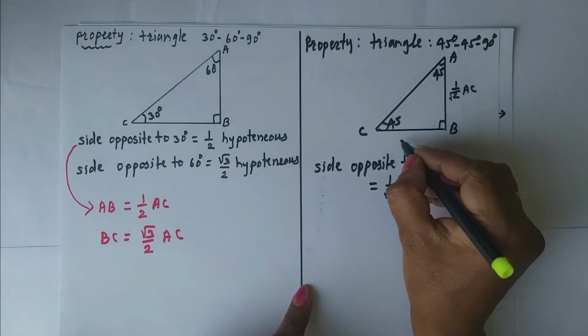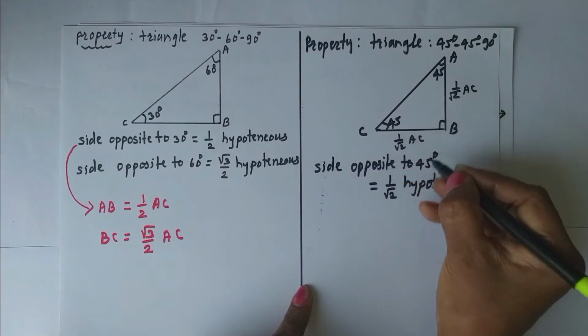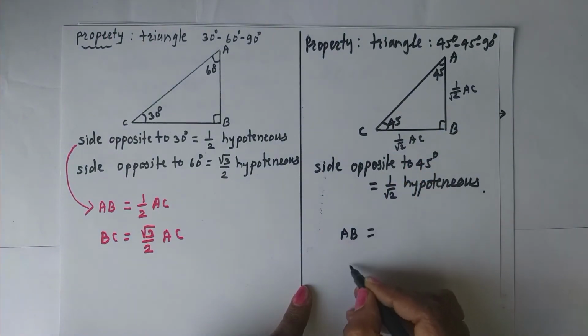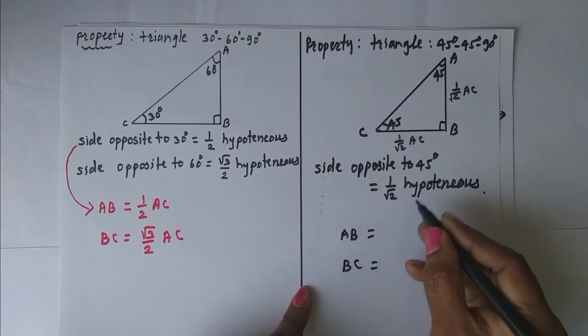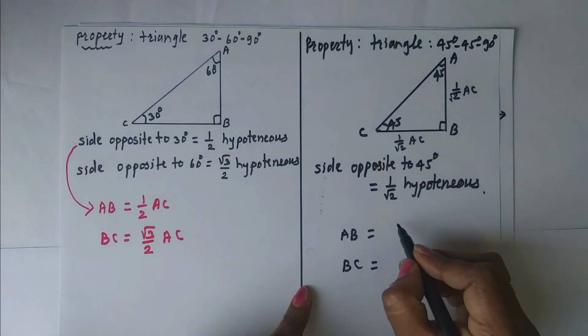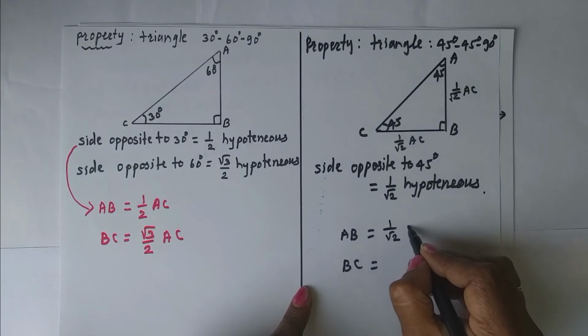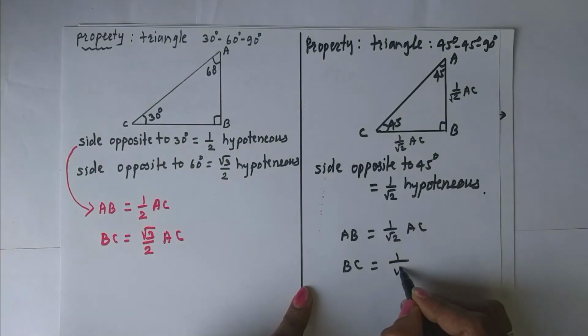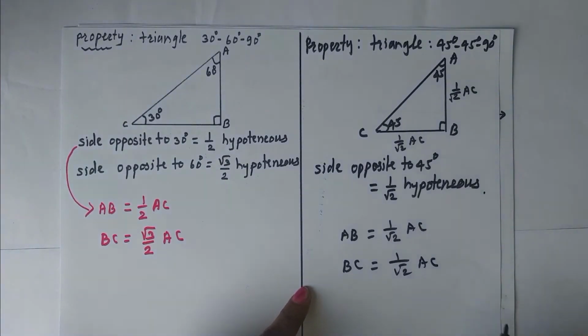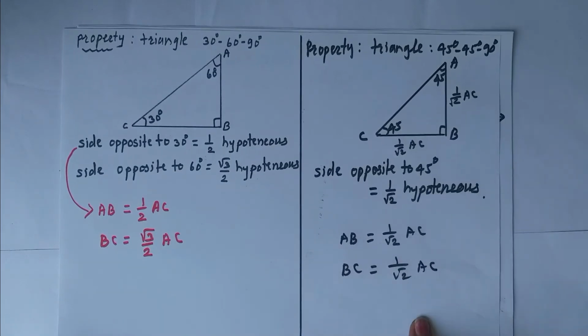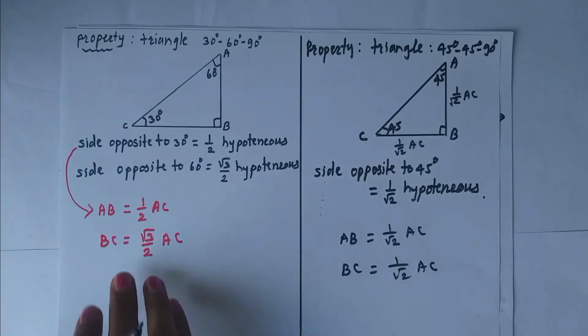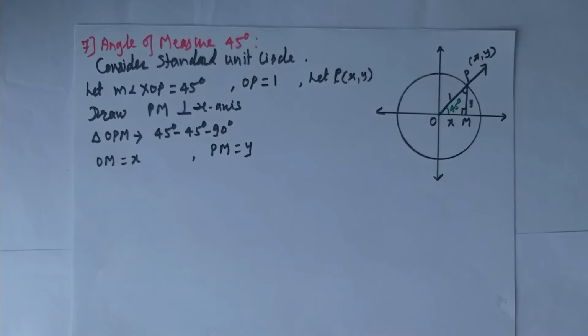Okay. And this side BC is 1 by root 2 times the hypotenuse. Means here both sides AB and BC are opposite to 45 degree, means 1 by root 2 times the hypotenuse. Okay. If you know this property of the triangle, then it is very easy to find the values of x and y.